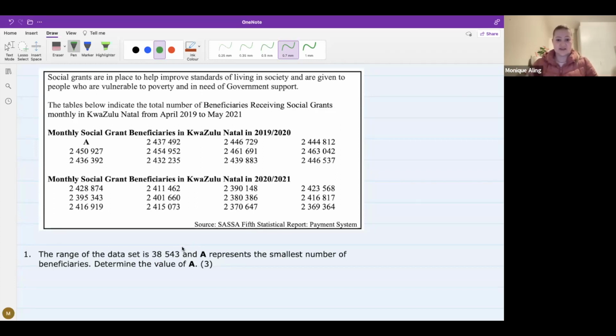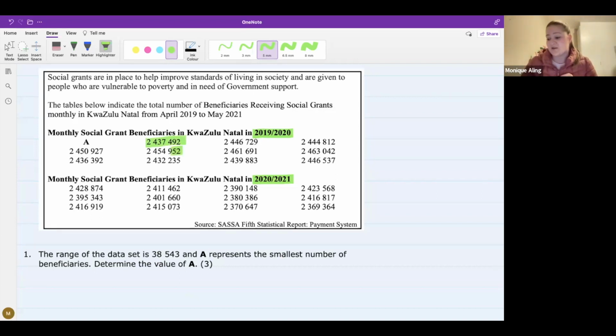Okay, so the first part is for 2019 to 2020, and the next part is 2020 to 2021. So the table below indicates the total number of beneficiaries, so the total number of people who receive social grants monthly. So every month, it's 2,437,000 1,492.